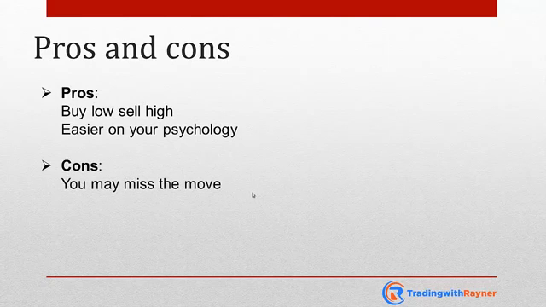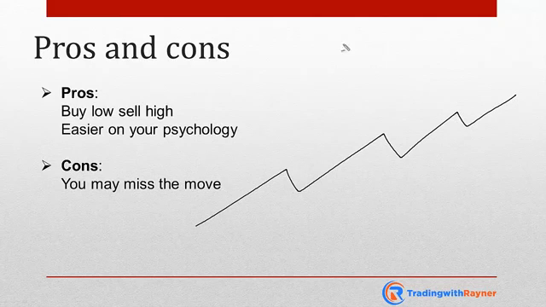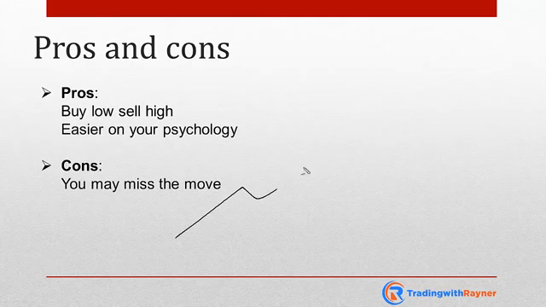And the downside of it is that you may miss the move, right? Let me explain why. In an uptrend, you have higher highs and higher lows. So let's say price is pulling back right now. And let's assume you are hoping that price could perhaps retest these lows over here.